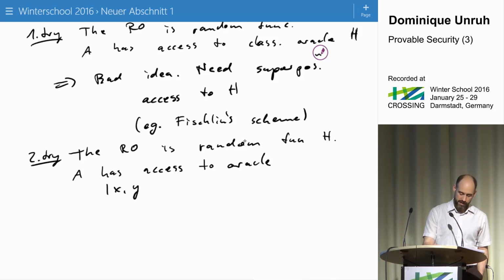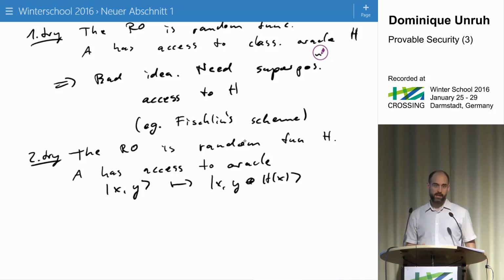It maps x,y to x, y XOR hash of x. And if you remember, for example, yesterday the talk about query complexity, that's exactly the same model as was done there. We have black box access to some function in exactly this way, and we asked how long it takes to find out something about the function. Except that there the function was not necessarily a random function, but a function with some properties depending on the setting, while here it's always a uniformly randomly chosen function. So this is the quantum random oracle model.